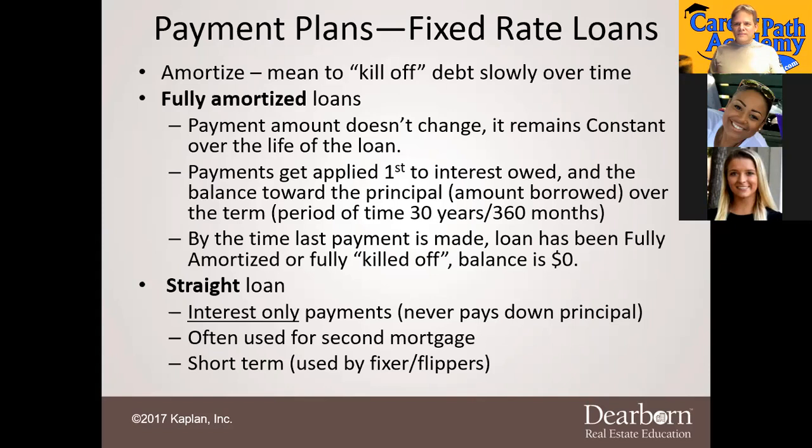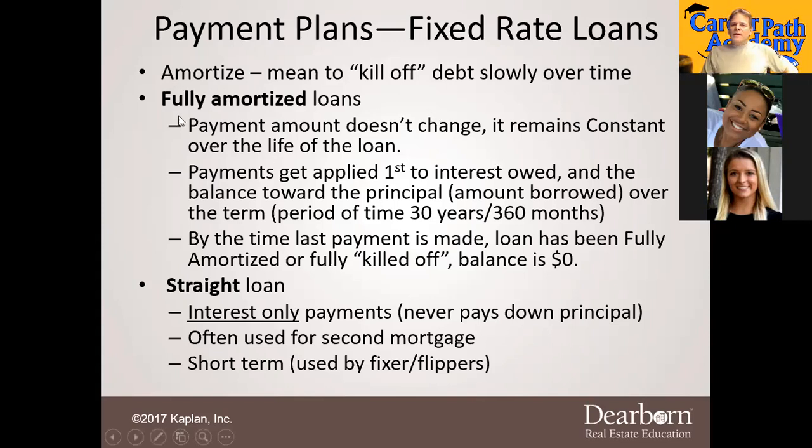Got it? So by the time you make your last mortgage payment, that loan has been fully killed. There's no other payment to be made. It's been fully amortized, fully killed off. I want to explain it like this so that you can remember it. I want you to define these words like this every time you're reading them. Amortized means to kill off. Fully amortized means fully killed off.